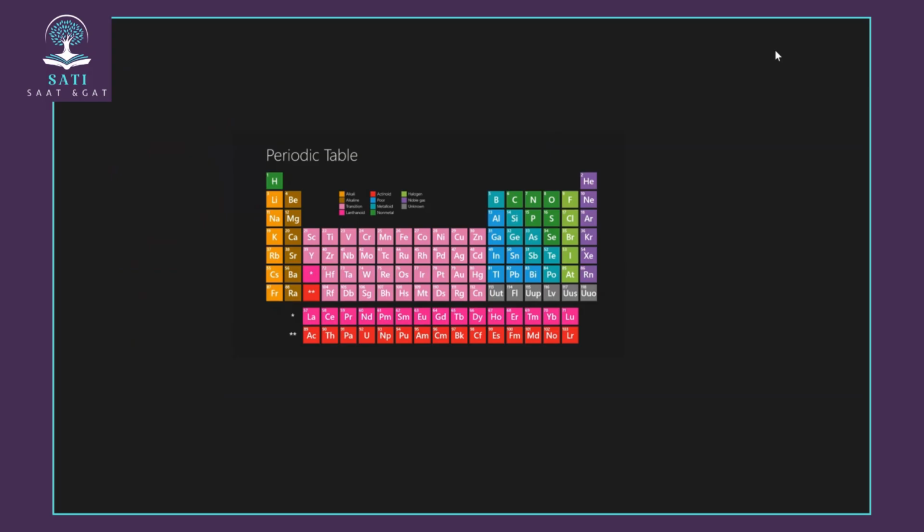Now, if I'm talking about sodium in the reaction Na plus Cl, it gives you NaCl. In this process, sodium loses electrons, so we call it the reducing agent.